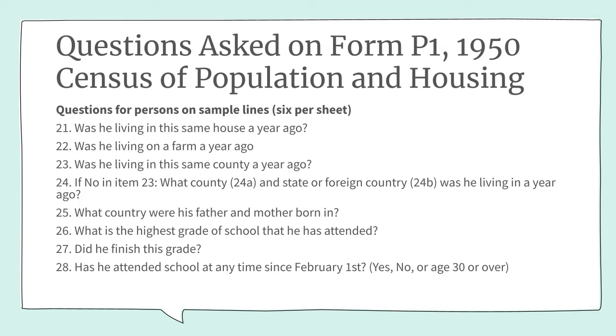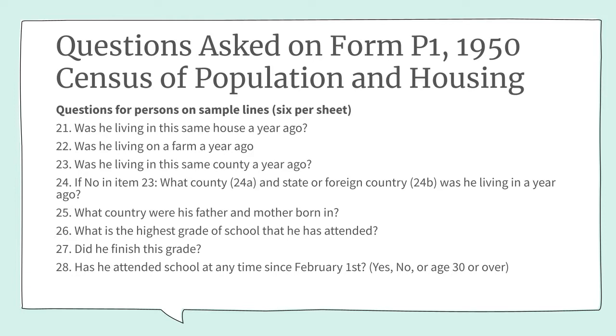Now, for persons on the sample lines, there's 6 lines per sheet. Was he living in the same house a year ago? Was he living on a farm a year ago? Was he living in the same county a year ago? Again, trying to check migration and living patterns. If no in 23, what county and state or foreign country was he living in a year ago?